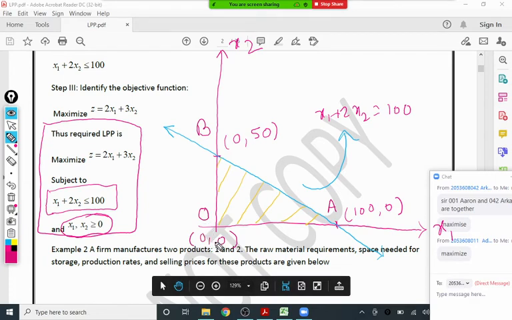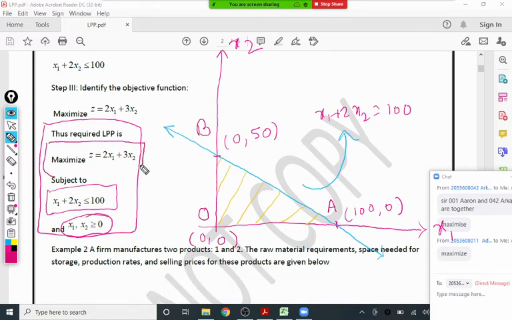Let me find the value of Z at each corner point. At the origin, obviously Z is 0.